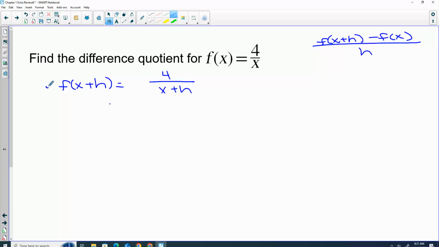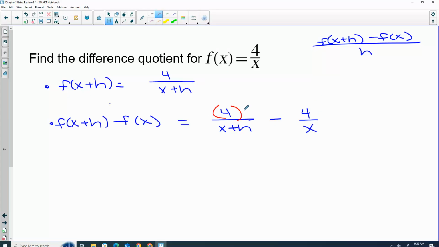So now we can do the whole numerator, f of x plus h minus f of x. f of x was 4 over x. If we want to subtract, we have to have a common denominator. So I'm going to take the first one times x on top and bottom, the second one times x plus h.